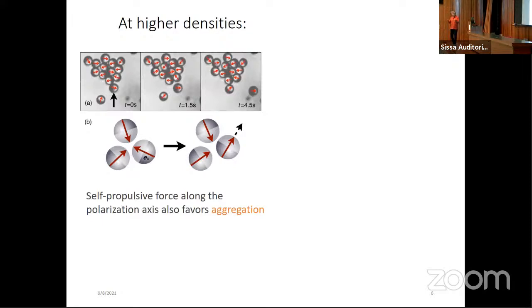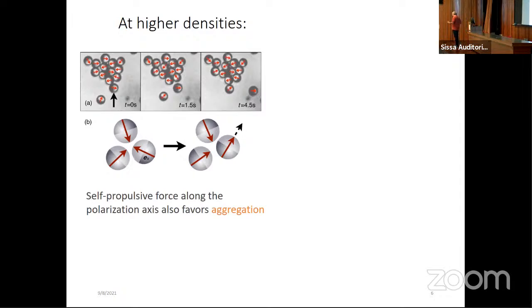Of course, there are also thermal fluctuations due to the Brownian motion, to the thermal noise that change the position, and also there is the diffusive motion of the polarization too. But if the density of these active colloids is high enough, what happens is that you observe the formation of clusters of these particles.